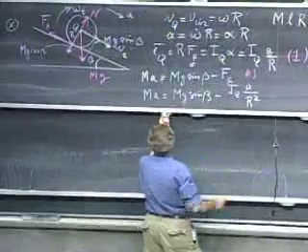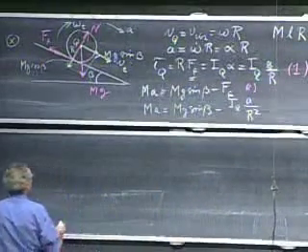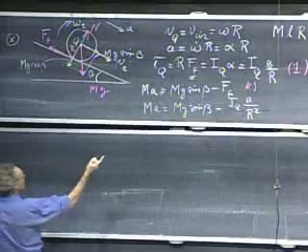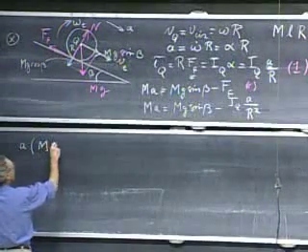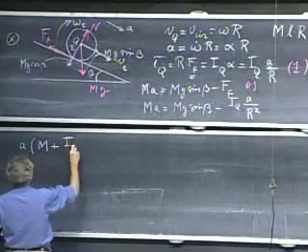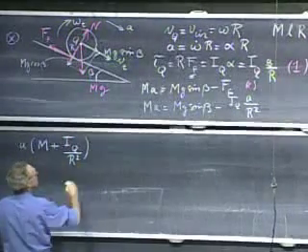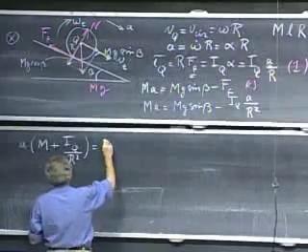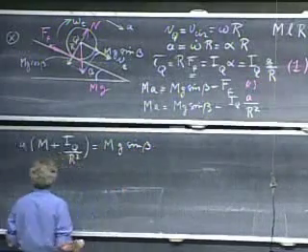Notice that I've eliminated f_f, and so now I can solve for A. I bring the A's to one side, so I get A times m plus moment of inertia divided by r squared equals mg sine beta.